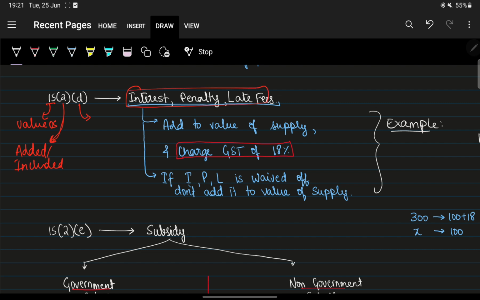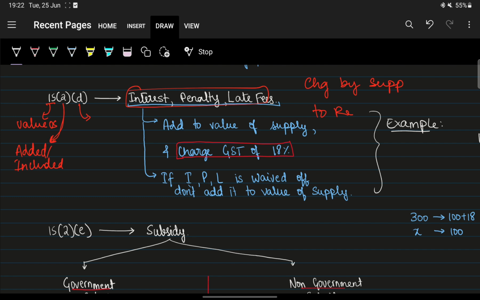Any interest, penalty and late fees that is charged by the supplier to the recipient should be included in the value of supply, or added to the value of supply, and GST of 18% is to be charged on that value.